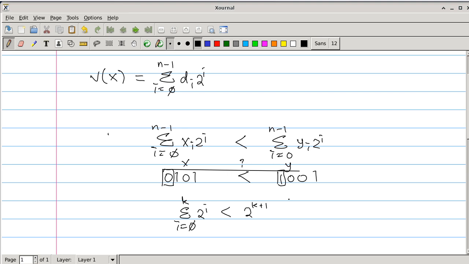Yes? Because you've got base to the power, right? Yes. So you've got a lower power, a summation of all the lower powers. Yes. You're never going to equal that power because otherwise you would have that power.